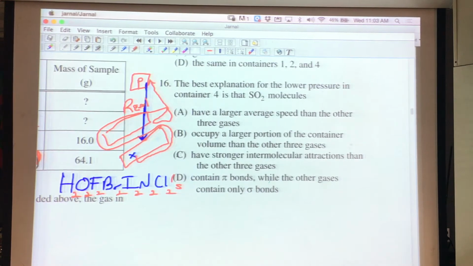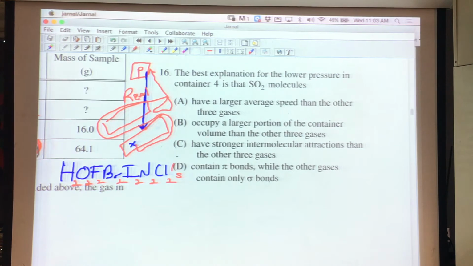So the best explanation would be they have a larger average speed? No, they would have a slower speed because they're what? One of the heaviest. So that makes no sense. They occupy a larger portion of container volume? They do, but still insignificant because they're still so tiny. They have stronger intermolecular attractions. Okay, that's the key here.